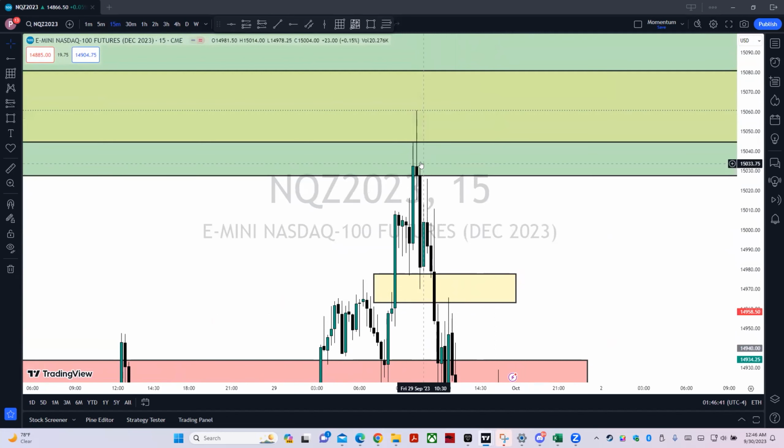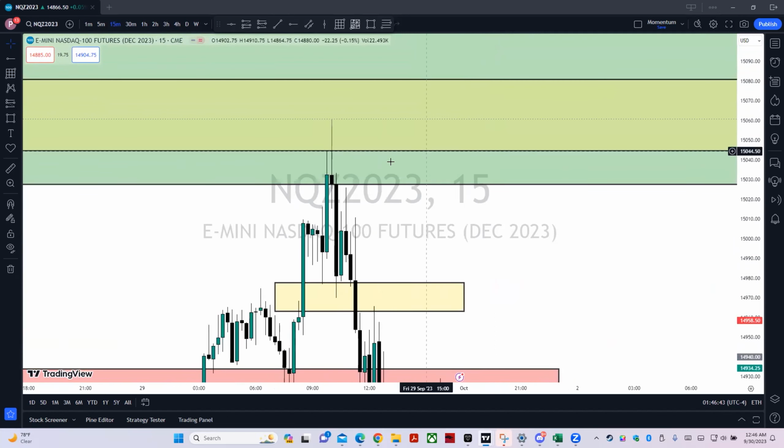I'll take the 5-bar hit, no problem. My target on the next run up, when I see this happen, is to take the midpoint of it.